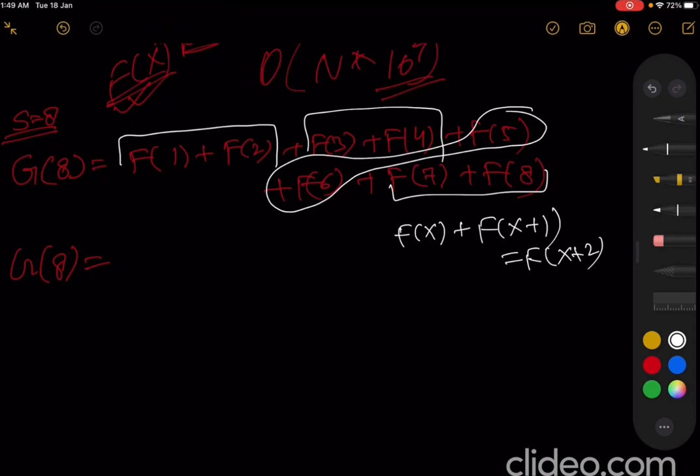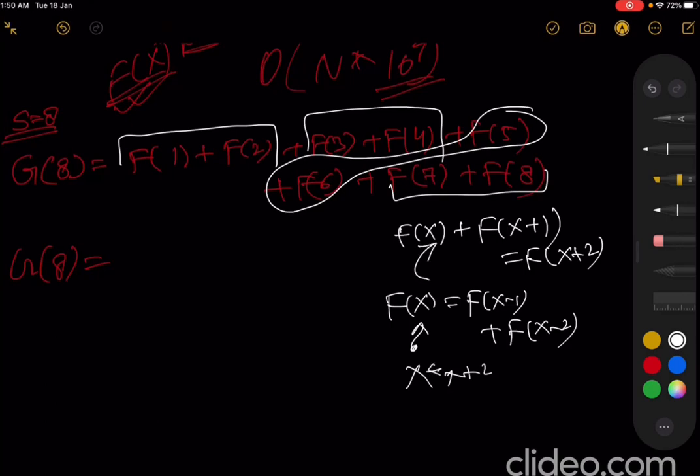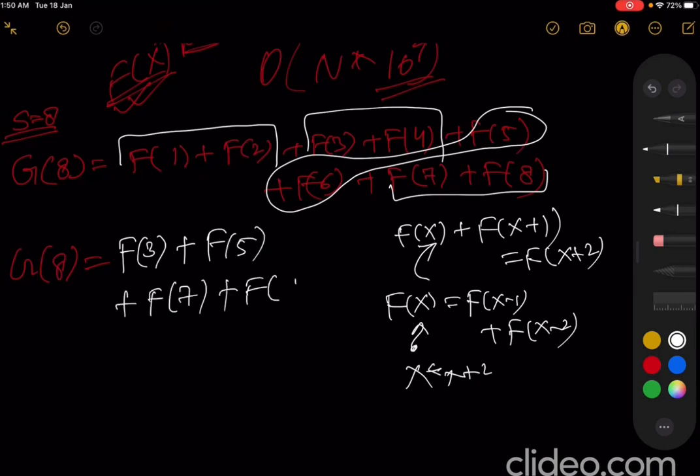It comes from the same fact that f of x is equal to f of x minus 1 plus f of x minus 2. If instead of x you put x plus 2, you get this, right? So now f of 1 plus f of 2 becomes f of 3. Similarly, f of 3 plus f of 4 becomes f of 5, f of 5 plus f of 6 becomes f of 7, and f of 7 plus f of 8 becomes f of 9, right?